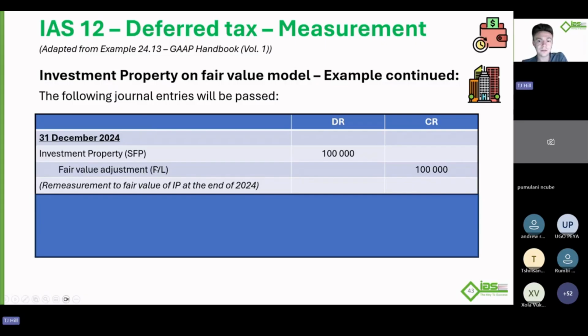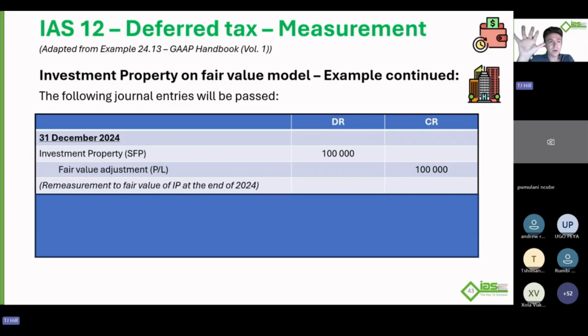Do you remember when you did your foundational knowledge, when we did our assets in week 1, we remember that PPE on the revaluation model goes through OCI or P&L, depending on whether it's a previous increase or decrease, but OCI focused.